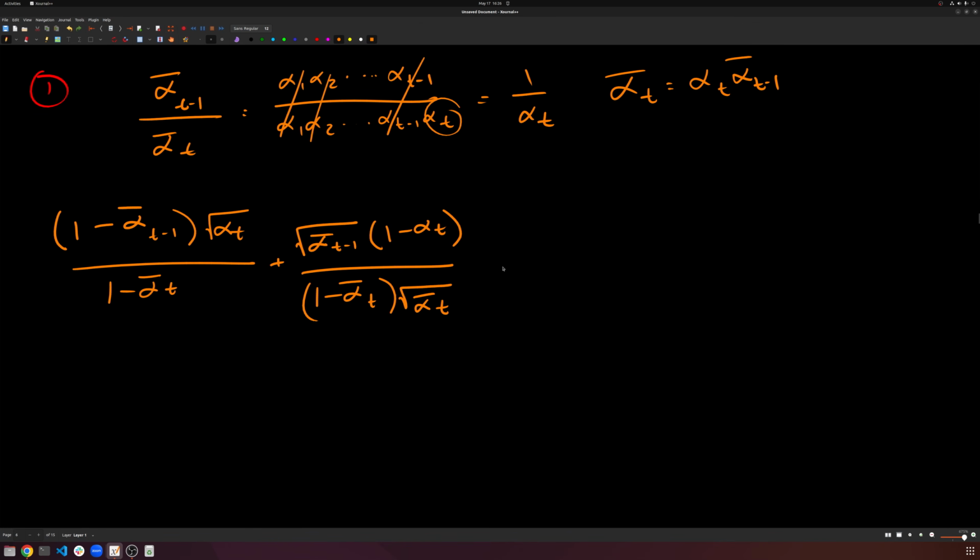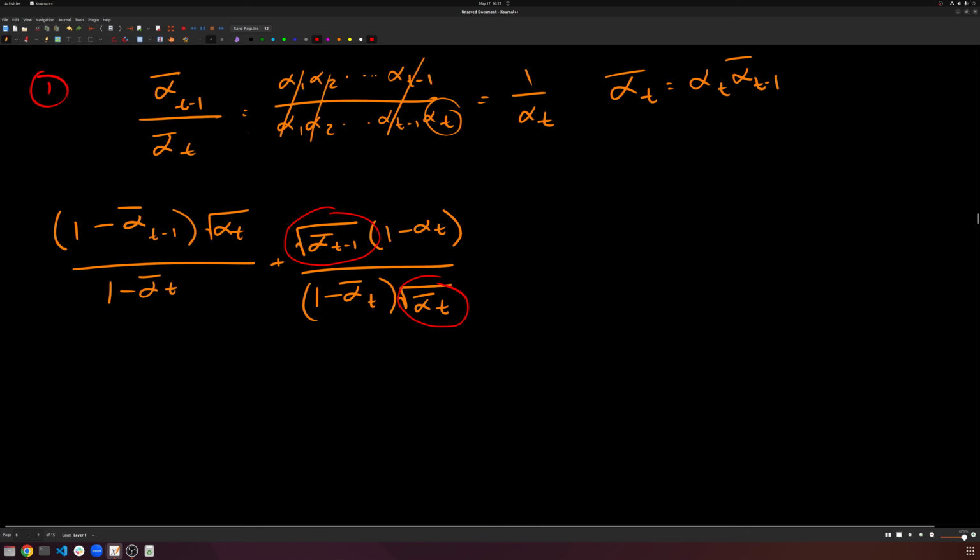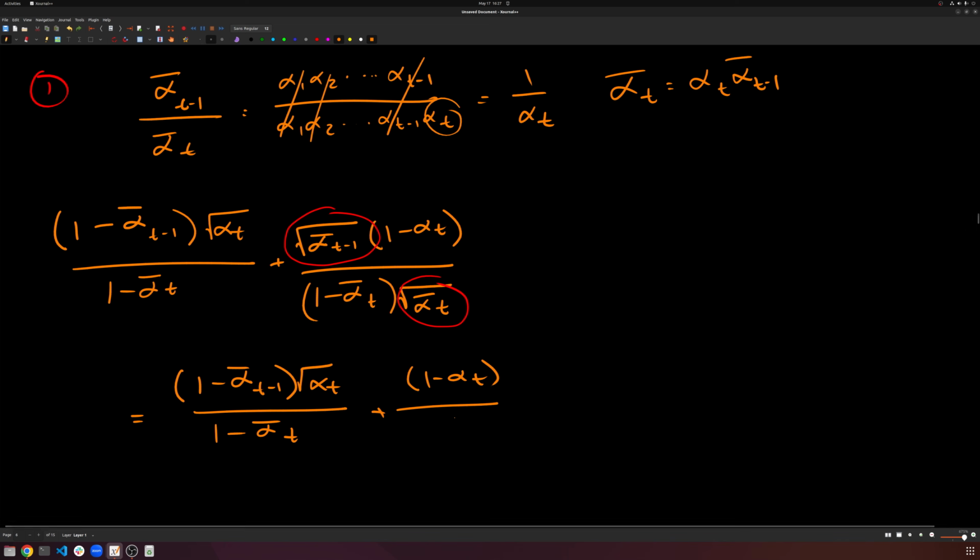And so what we're going to do now is we have a square root of alpha hat t minus 1 divided by square root of alpha hat t, right? So that's just going to be the square root of 1 over alpha t. So we can go ahead and write that simplification. This is going to be equal to 1 minus alpha hat t minus 1 square root alpha t over 1 minus alpha hat t, plus the 1 minus alpha t stays the same, the 1 minus alpha hat t stays the same.